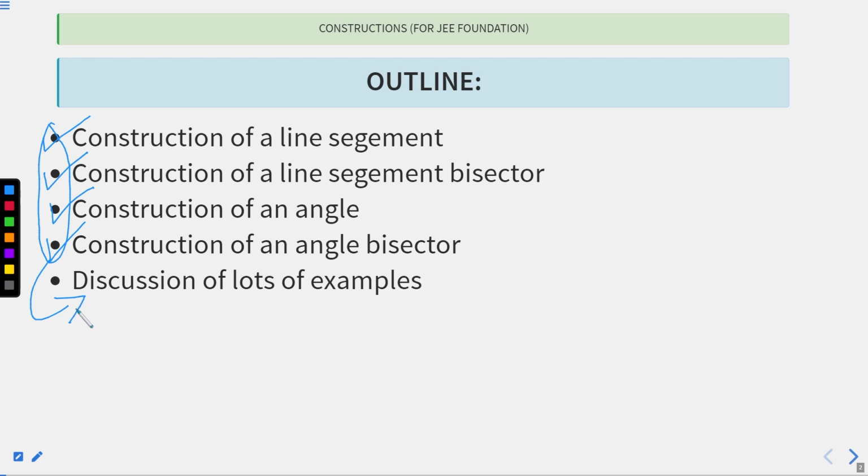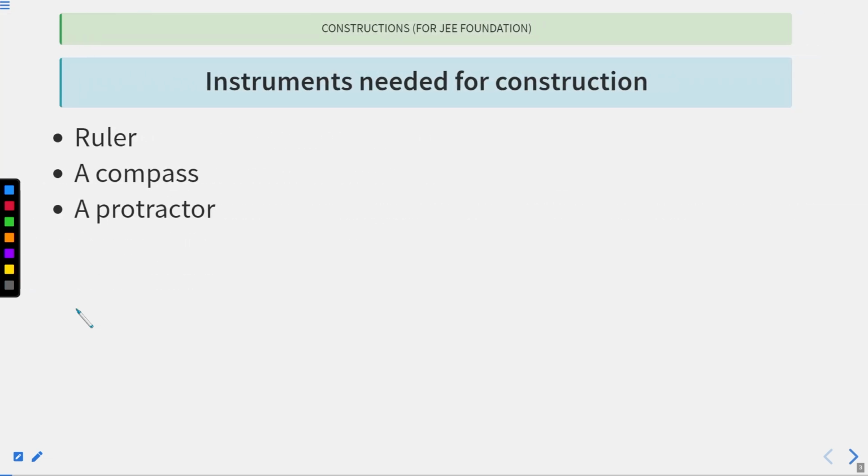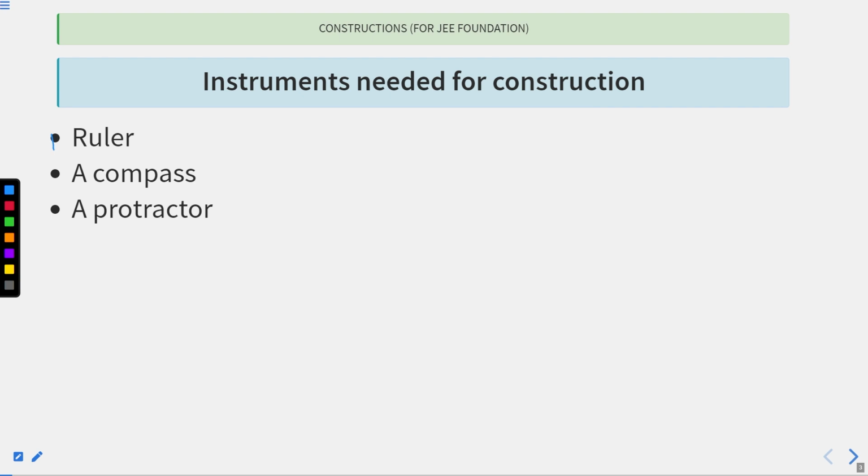Before starting, we require a ruler, a compass, and a protractor for our constructions. The ruler is to measure or draw a given finite length.